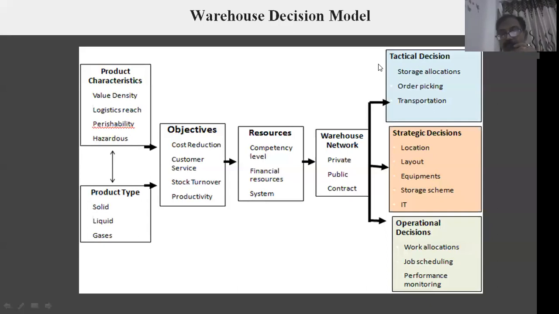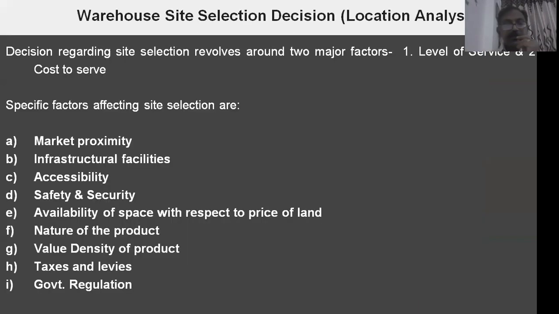Then operational decisions we take like work allocation, job scheduling, performance monitoring. So on analyzing every aspect of our business, of our requirement, we decide which warehouse will be more suitable for our requirement. Now, a very important decision which we take is about the location.